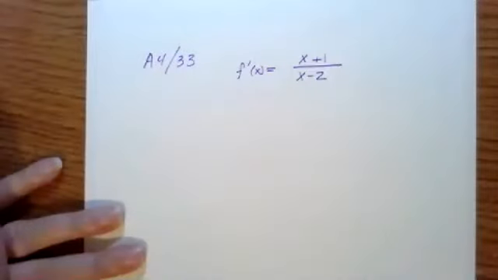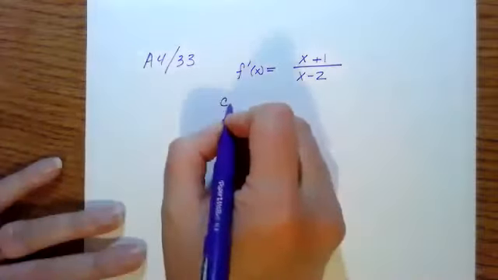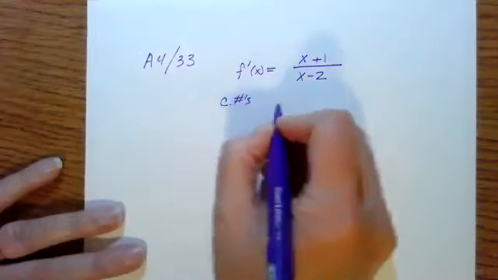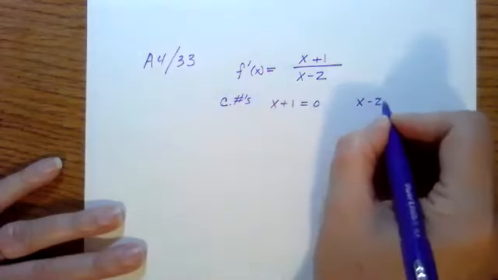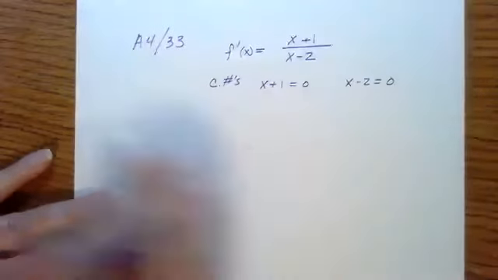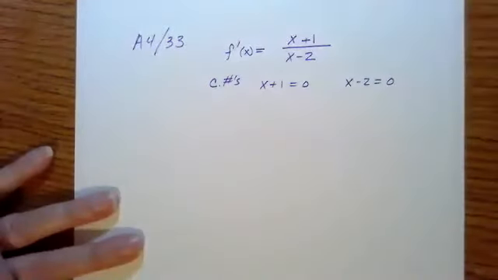So is that it? I found the zeros, or the critical numbers, where the top equals 0 and where the bottom equals 0, to find where the function equals 0 or when the function is undefined.